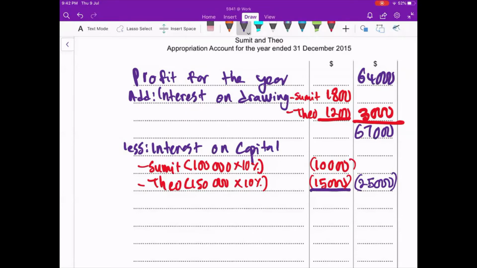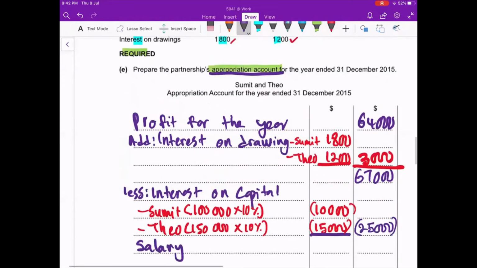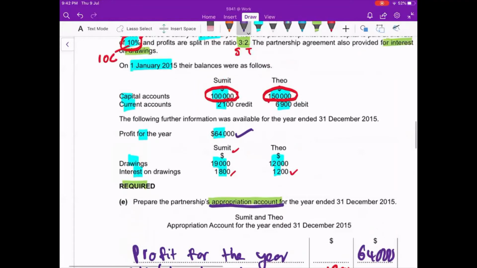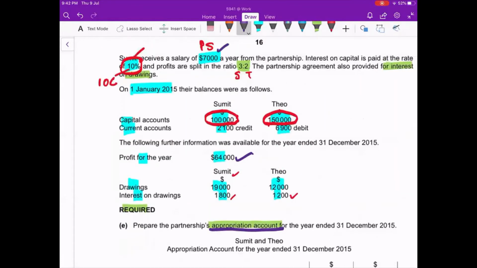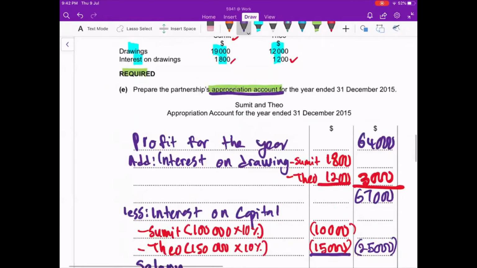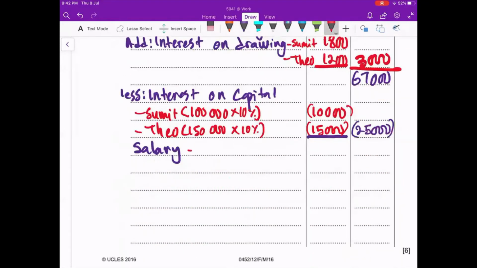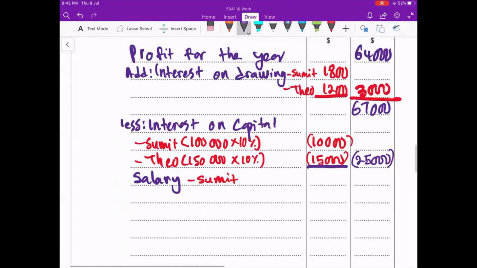Okay, after that we have another less, which is the partner salary. How much is the partner salary? Can you double check in the question here? The question says yes, the partner salary is here. The partner salary for who? The partner salary for Sumit only. Sumit will receive a salary of 7,000. So I write here salary, Sumit, only Sumit. How much? 7,000.